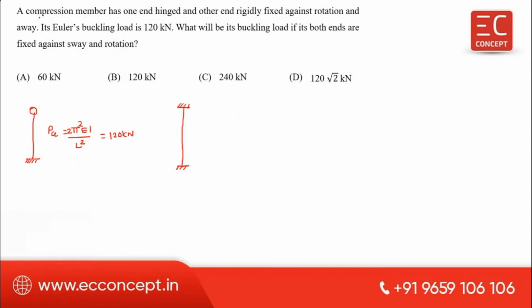Sway. Actually, this is sway, okay, not away, sway. So the answer is, for this case, P crippling is equal to 4 pi square EI by L square, which we can write as 2 into 2 pi square EI by L square. So it's equal to 2 into 120. Therefore the answer is 240 kilonewton.